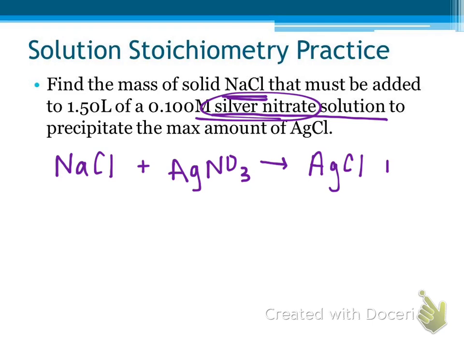We're going to prove that here in just a second. And then our final product would be NaNO3. Okay, so let's go through and check for solubility on each of these. NaCl, we think soluble or insoluble?